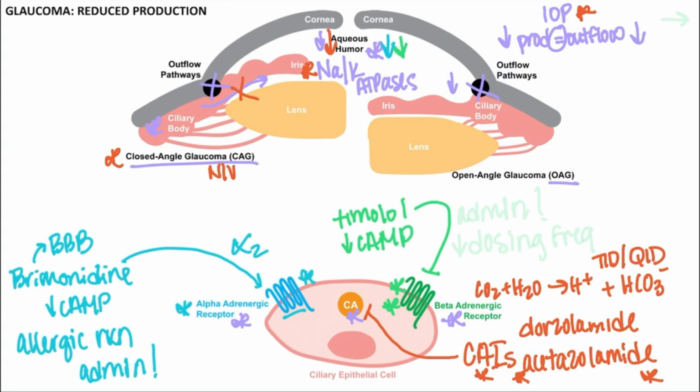So again, topically administered, so mostly localized stinging, burning, reduced tear flow, but can have systemic effects that you would expect a beta blocker to have if the eye drops are not administered correctly. But the bonus is these require less frequent dosing compared to the other 2 classes of agents we discussed on this slide.